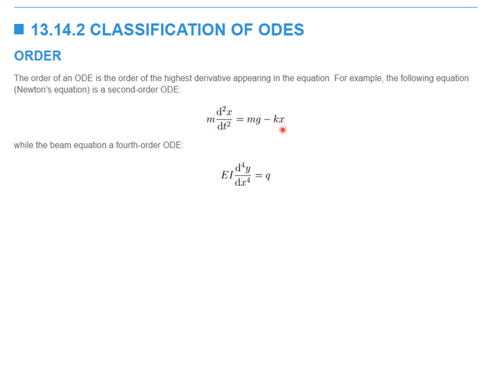This equation, for example, relates the second derivative of x with respect to t with the forces applied. So this is a second order ordinary differential equation. This beam equation that we introduced earlier relates the fourth derivative of y with respect to x to the distributed load q. This is a fourth order ordinary differential equation.